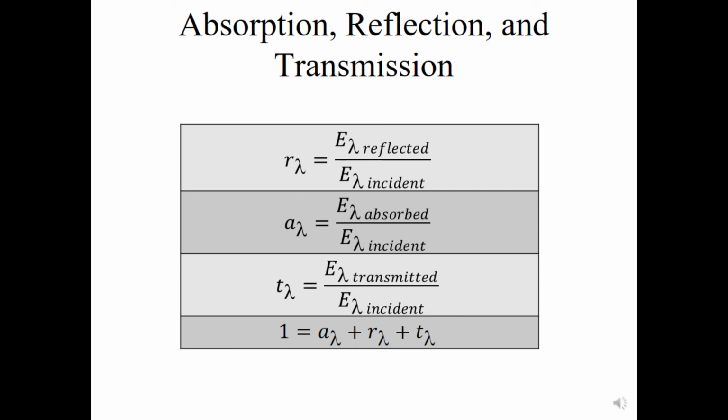Conservation of energy basically dictates that the radiation has to either be absorbed, reflected, or transmitted. It can't do anything else. Since the absorptivity, reflectivity and transmissivity are basically numbers between 0 and 1, they're fractions, then the sum of all of those fractions has to equal 1.